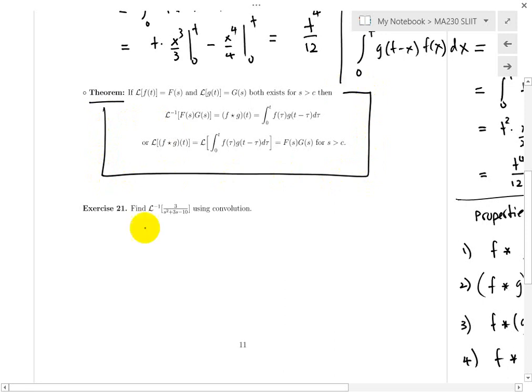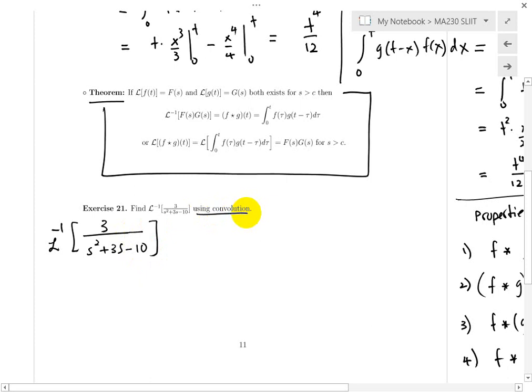So we want to find the inverse Laplace transform now. The inverse Laplace transform of 3 over s squared plus 3s minus 10. So using convolution, I mentioned earlier this earlier question can be done. If you remember, this is the question we did before.